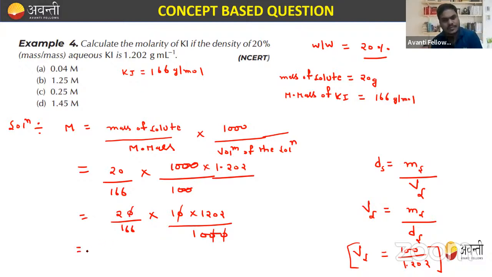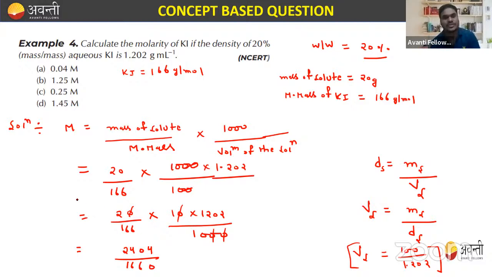So what you will get, beta, on solving this, that is 2 into 12.02, we get 2404 divided by 1660. So just divide this term, 2404 divided by 1660, it comes out to be 1.44.